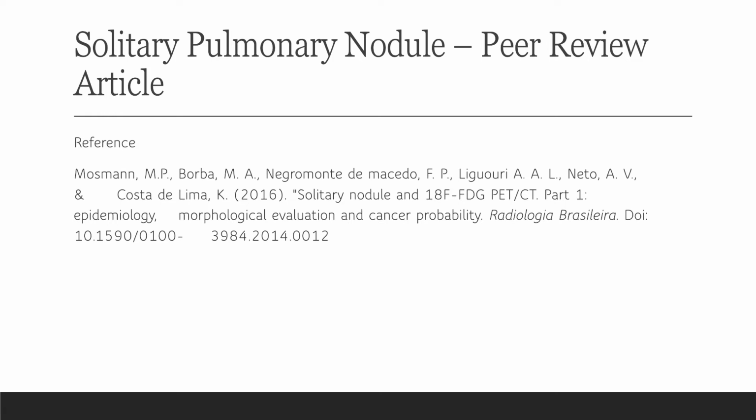PET is a nuclear medicine imaging method that allows for a non-invasive evaluation of a range of biological processes, with the most widely used radiopharmaceutical being F-18 FDG, which is a glucose analog.